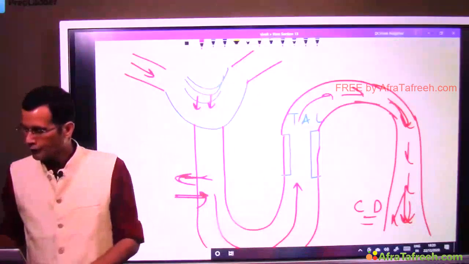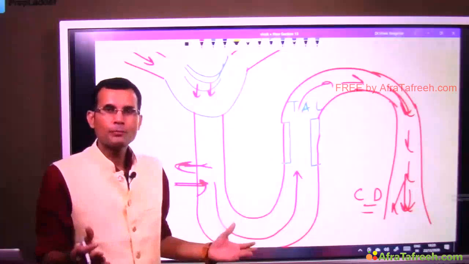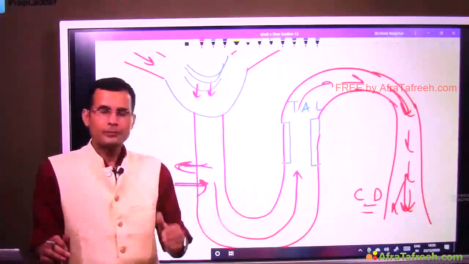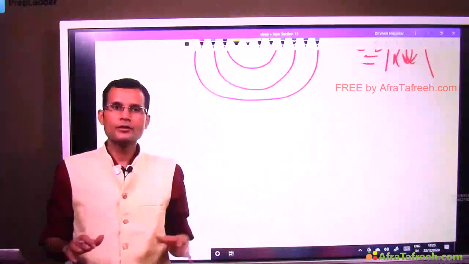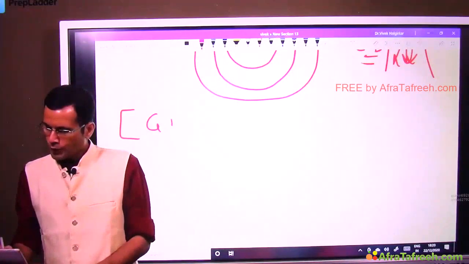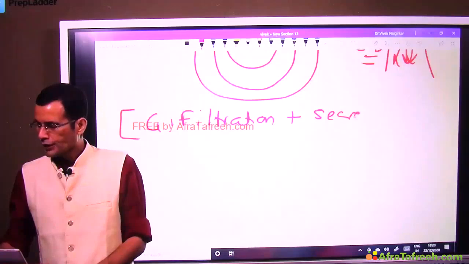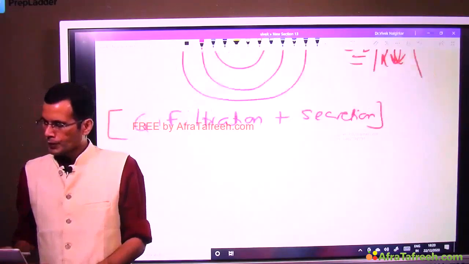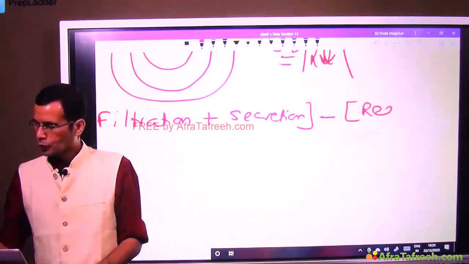So if I were to say what the urine composition is, what is it made up of, or what are the processes? The final urine composition is equal to glomerular filtration plus tubular secretion minus tubular reabsorption.